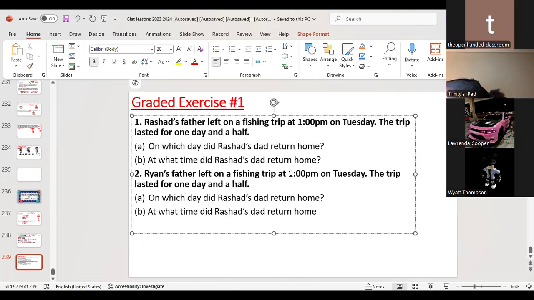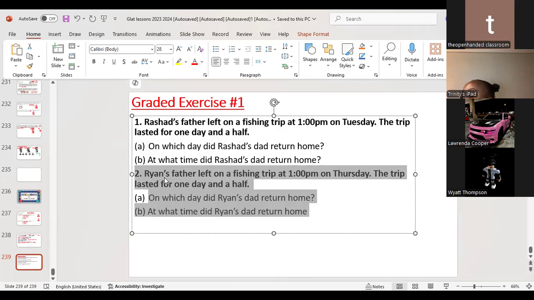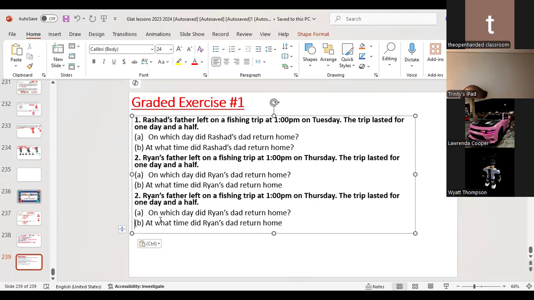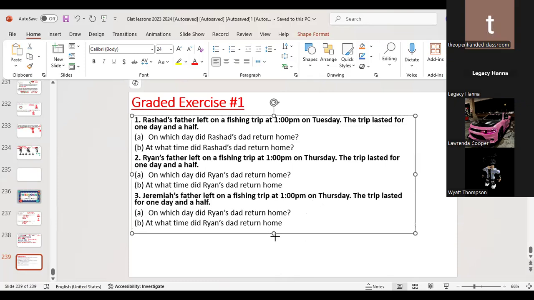Ryan's father left on a fishing trip at 1 a.m. on Thursday. Ryan's dad returned home. And finally, number 3, Jeremiah's father. Excuse me, Mr. Petit.